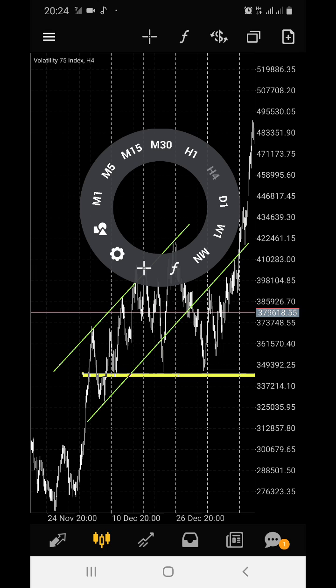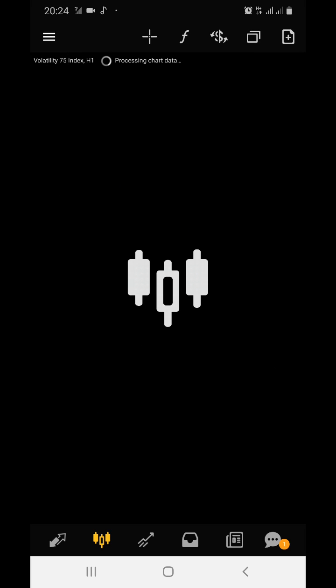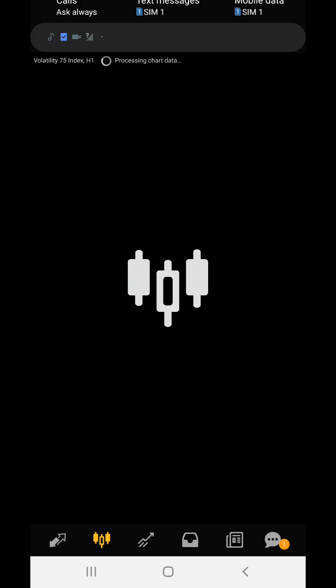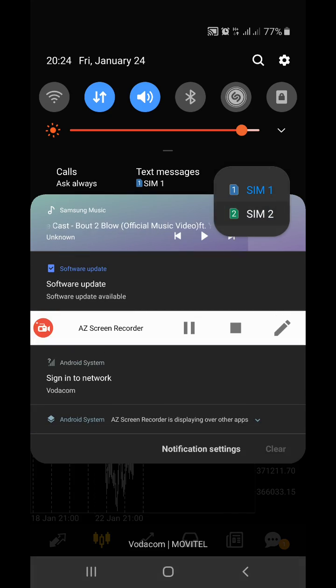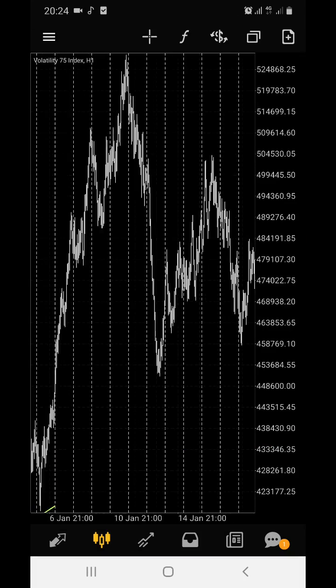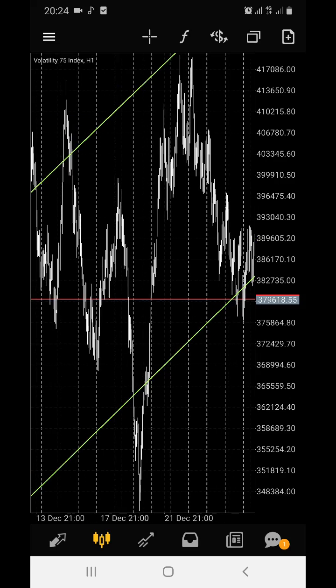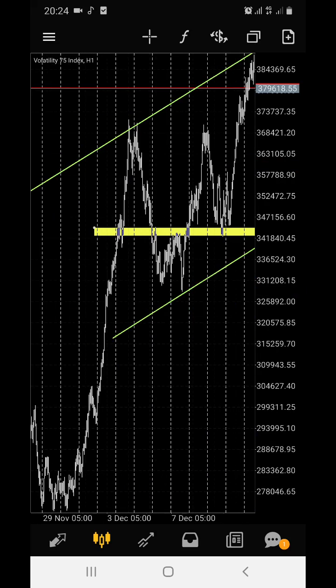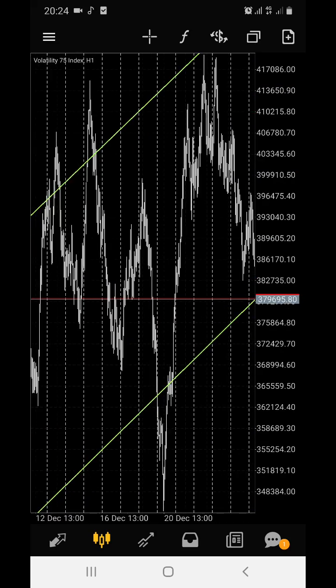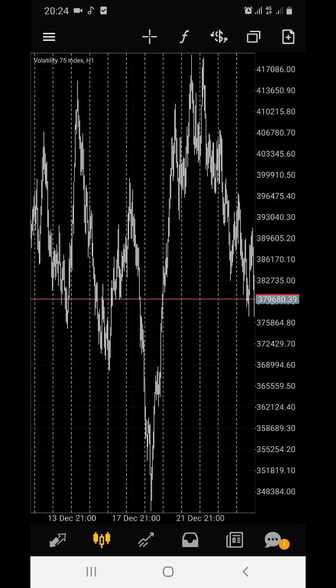Okay, now I am having my 4-hour channel. I can confirm it with 1 hour, just to make sure that the support and resistance is valid. To make sure that the support and resistance is valid, it has to be confirmed by multiple time frames.